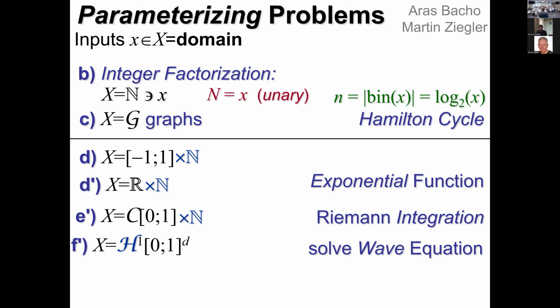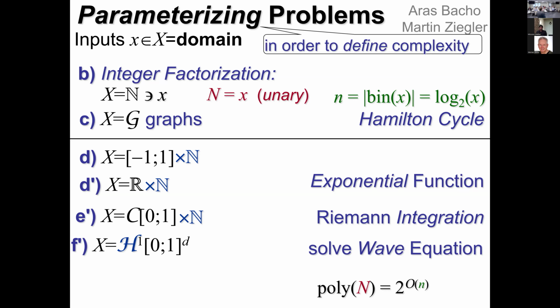Another perspective is the unary perspective. There, factorization becomes polynomial time computable by the sieve of Eratosthenes, right? So I don't take sides for either one, I just report that and generalize that for the continuous setting. So the difference is an exponential difference between both parameters in order to define computational complexity.